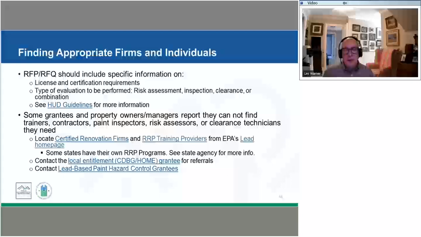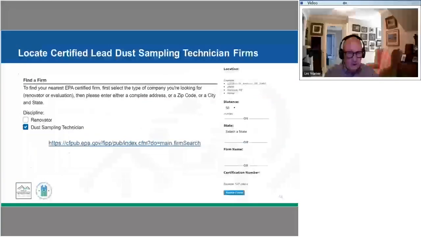Also, if in the area you have a recipient of the lead-based paint hazard control funding, they also would be actively working in this area and would probably have referrals for you. So we've provided these links to be able to identify where you have CDBG or HOME grantees in your area, and then also you can look at this bottom link at where the latest communities are that have received the lead hazard control funding. And those would be good references for you also.